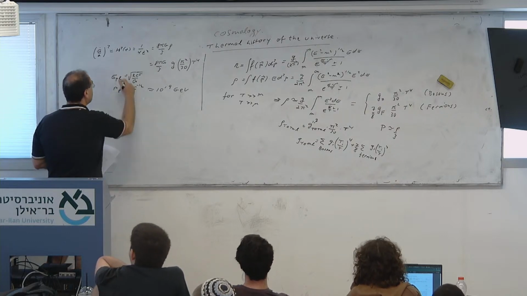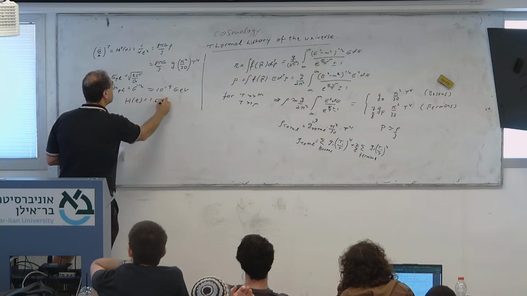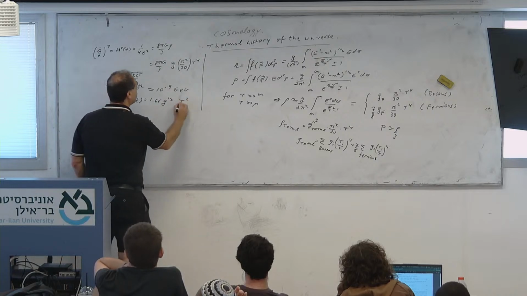We can write down H of T is 1.66 g^(1/2) times T squared over M Planck.